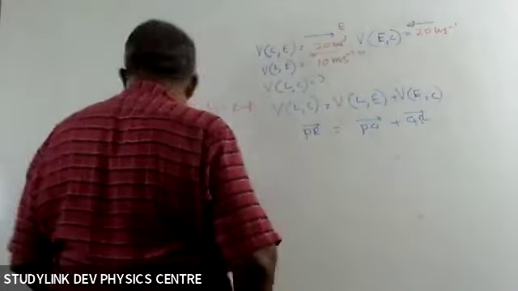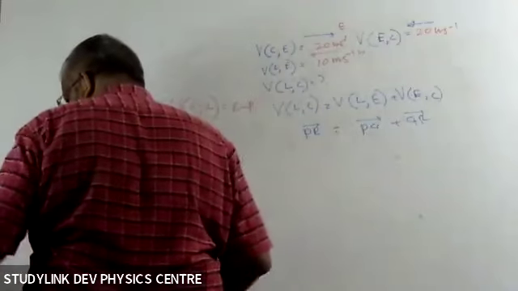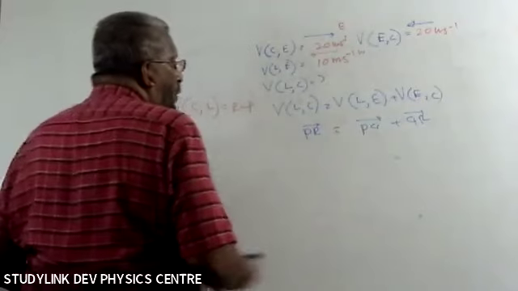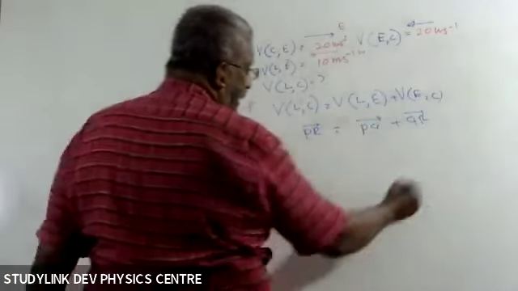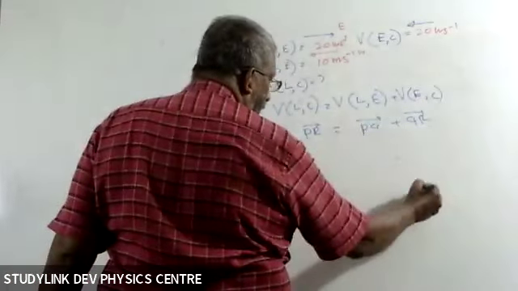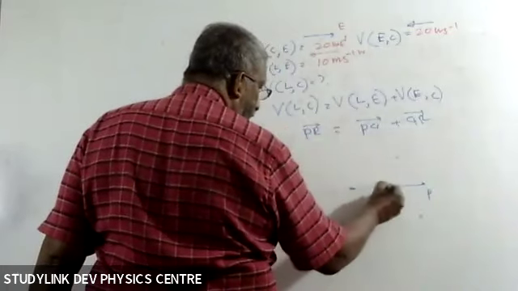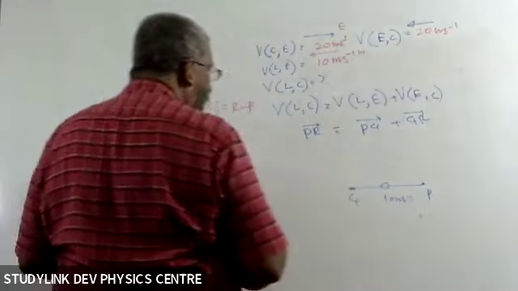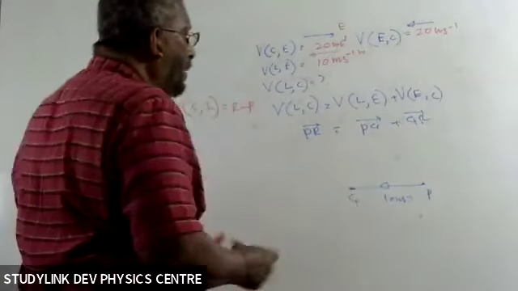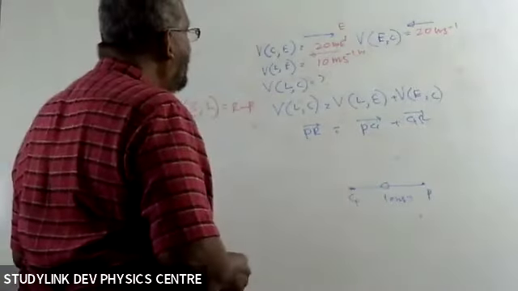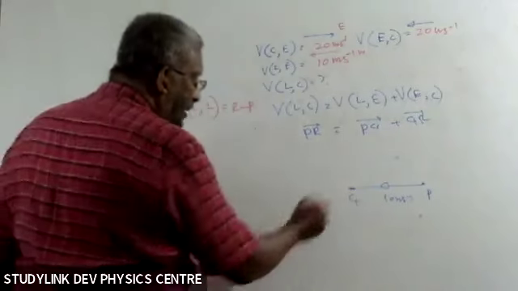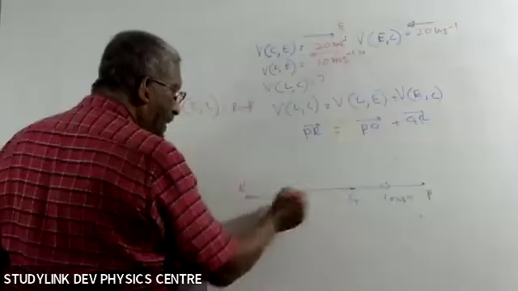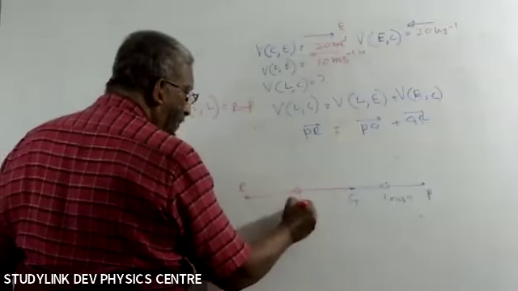Then first one, P to Q. You have to find P to Q, first one. P to Q is LE. Then here P, Q is here. Then it is 10 ms minus 1. Then Q to R, EC. EC is from here, R is here, 20.